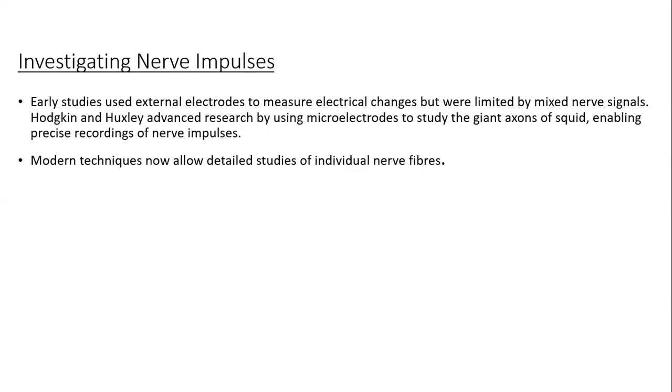The scientists used different methods to investigate nerve impulses. They investigated how the electrical signals are generated, how they are transmitted, and whether this transmission is affected by external factors. Those are the main things they had to research.